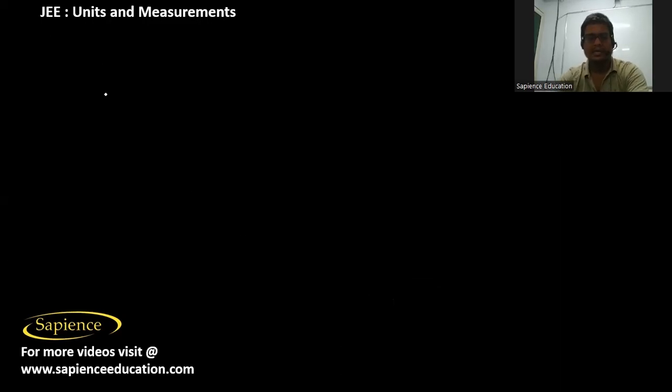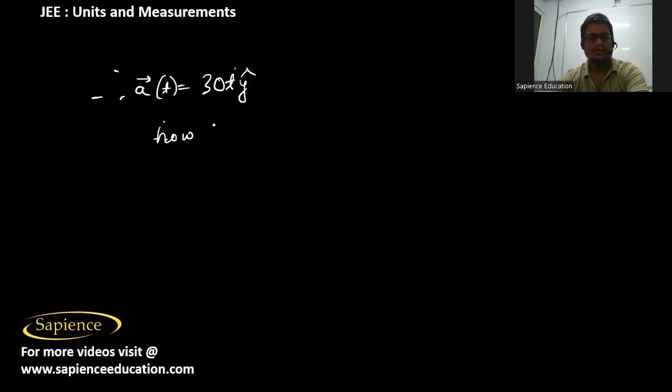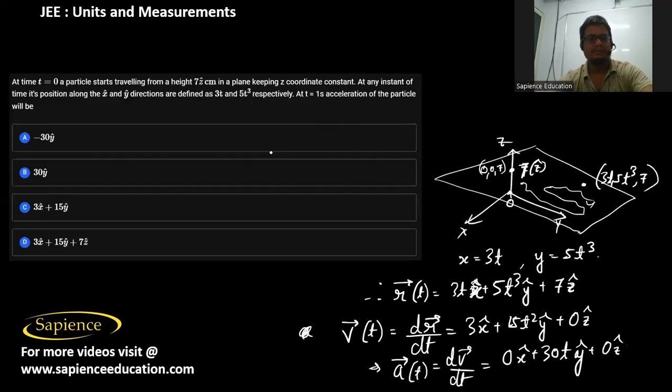Therefore the acceleration of the particle at any time t is 30t y cap. So the acceleration at t equal to 1 second will be equal to 30 y cap. So option B is the correct answer.